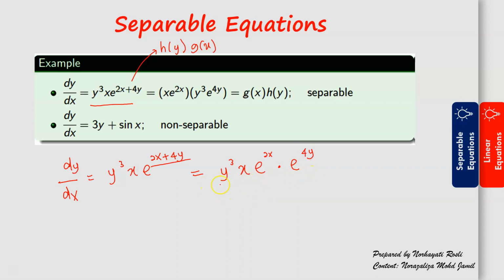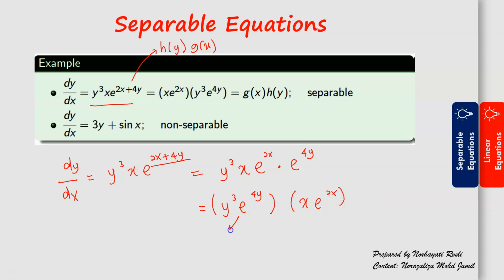In this case, I can rearrange this equation such that the variable y is located together and the variable x is located together. So here I will have y^3 e^(4y) multiplied with x e^(2x).